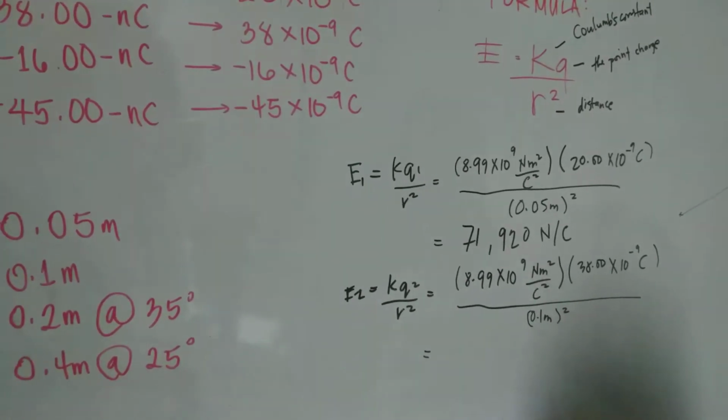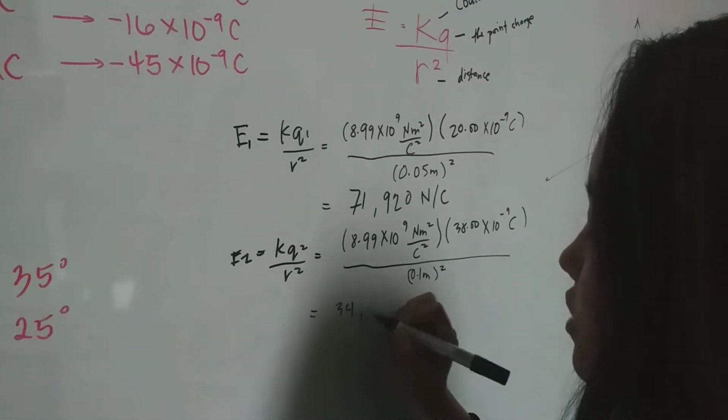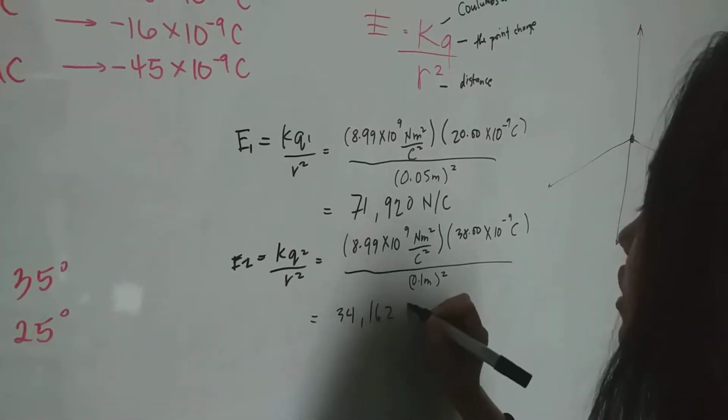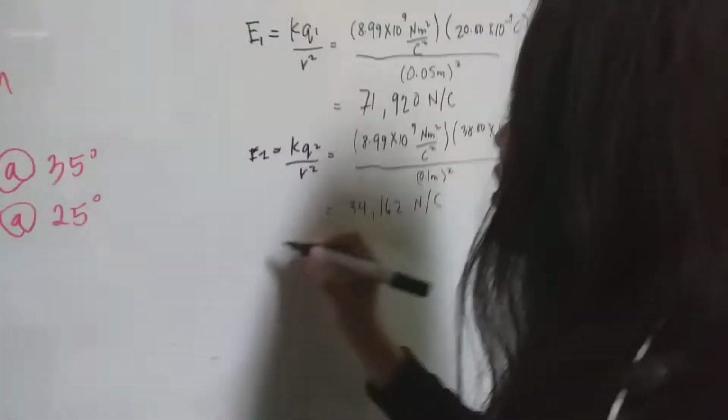The answer for the second point is 34,162 newtons per coulomb.